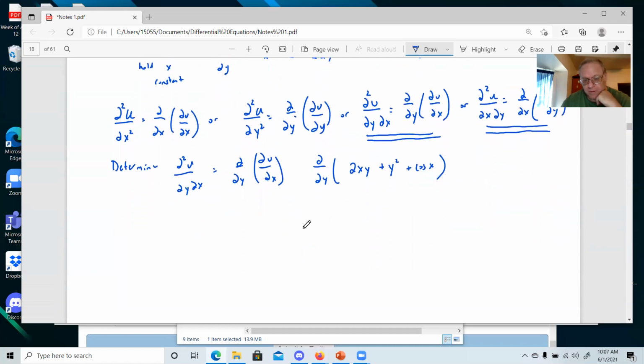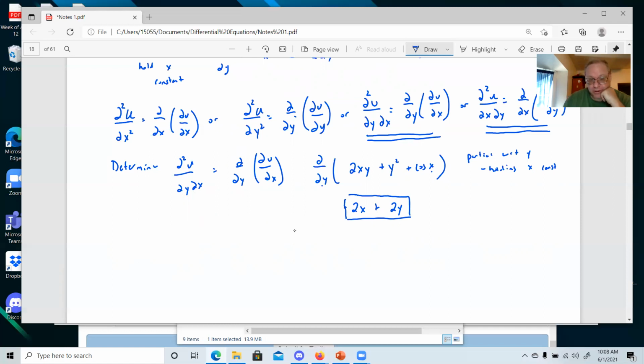Now remember, we're taking the partial with respect to y, so we're treating x as a constant. When I take the derivative with respect to y, this is like 6y, so the derivative of 6y would just be 6. So this is going to be 2x. Taking the derivative with respect to y, that's going to be 2y. And then the derivative with respect to y of cosine x: cosine x doesn't care what y is, y does not care what x is doing here. So we're done at this point.